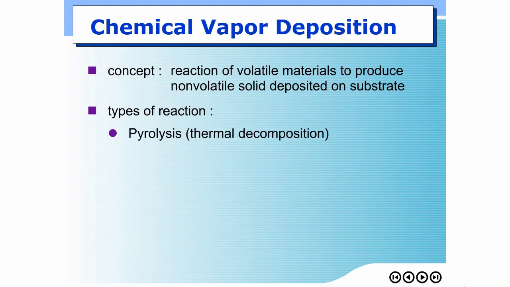For instance, we can use pyrolysis, basically a decomposition of a precursor. If we have silane, silicon hydride, and we heat it up, it would undergo decomposition into silicon and hydrogen according to this reaction.